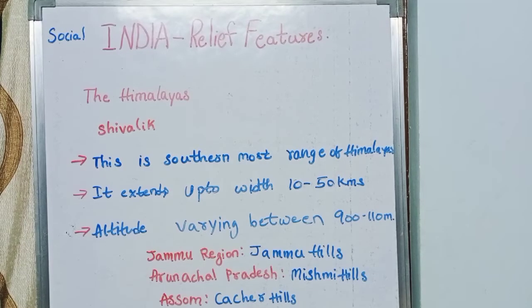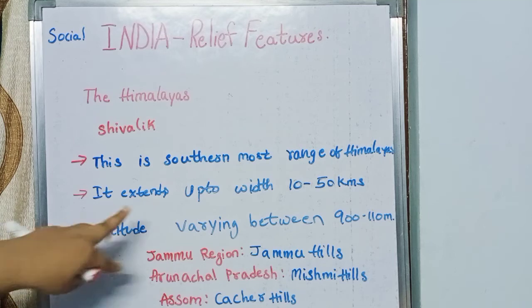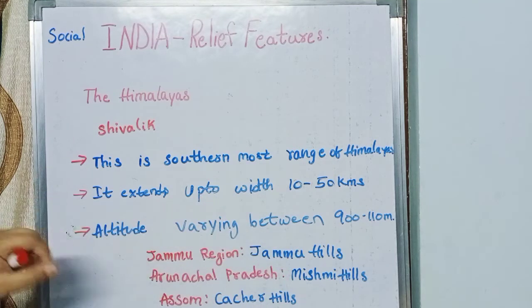In the Himalayas, the third one is Shivalik. This is the southernmost range of the Himalayas. It extends to a width of 10 to 50 kilometers. Altitude varies between 900 to 1100 meters.